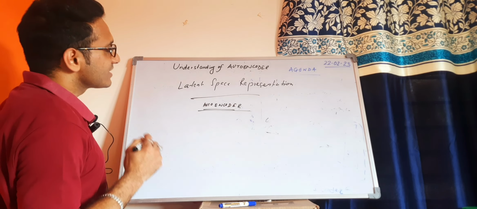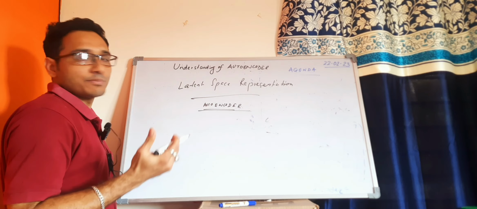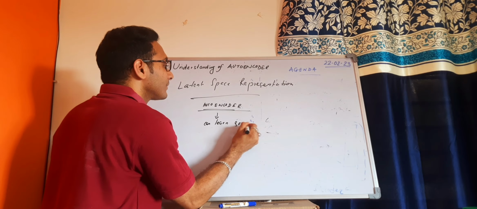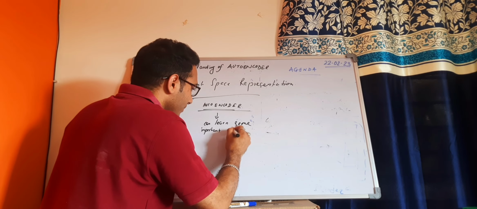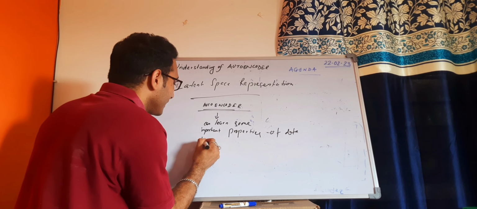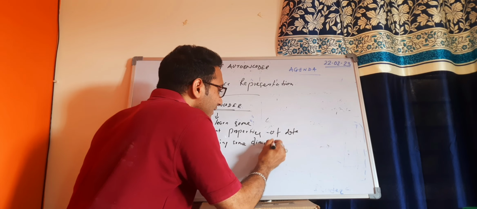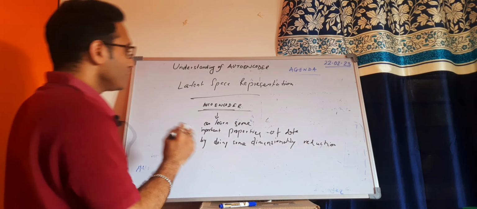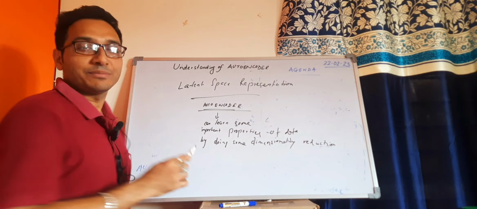Because the scientists or the researchers who actually designed or invented the architecture of autoencoder, they designed it in such a manner that this network can learn some important properties of data by doing some dimensionality reduction.